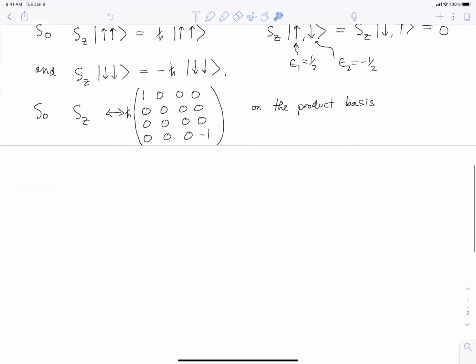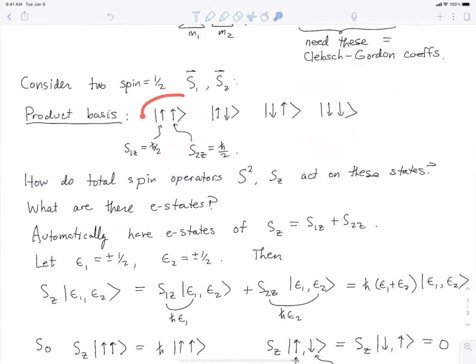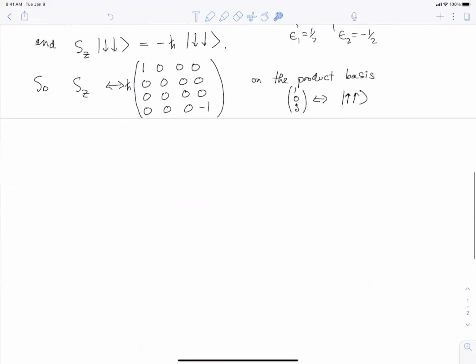All right. So this is on the product basis where, for example, 1, 0, 0, 0 is representing up arrow, up arrow. So when I wrote this matrix, I was using the ordering of states exactly as up here. Those are the 4 states in order.